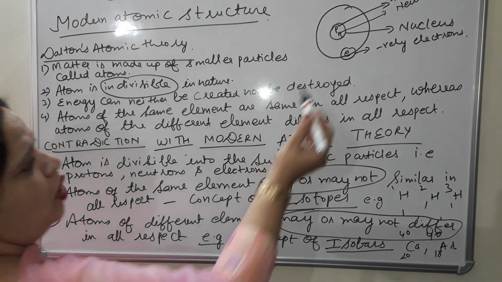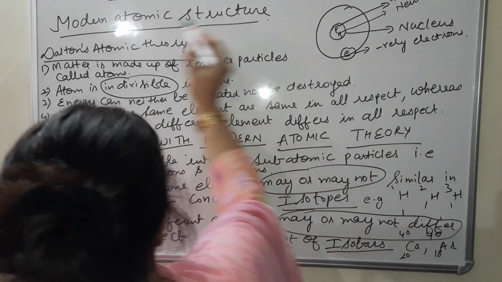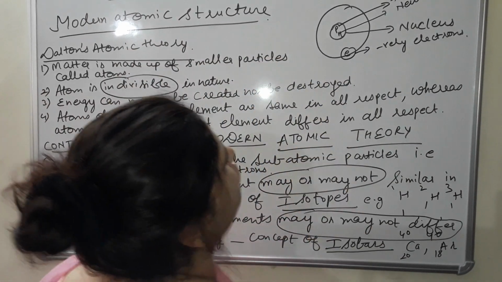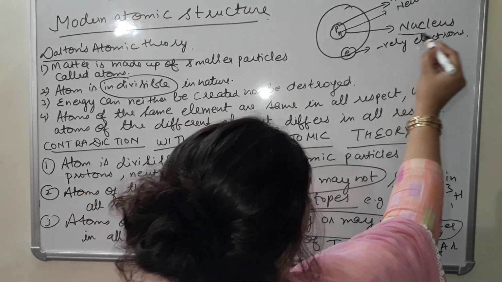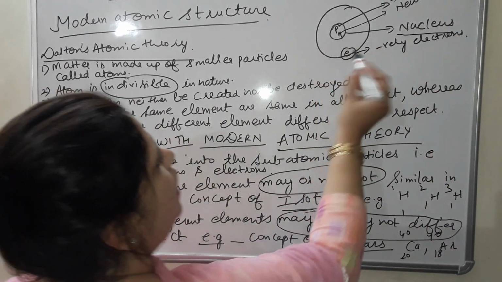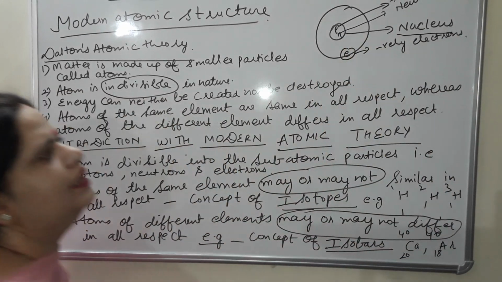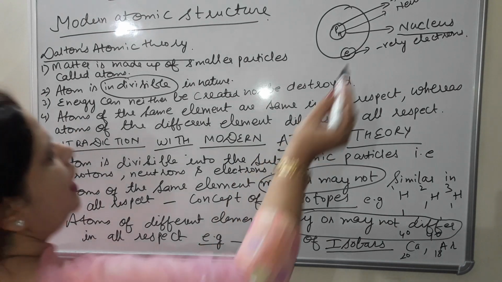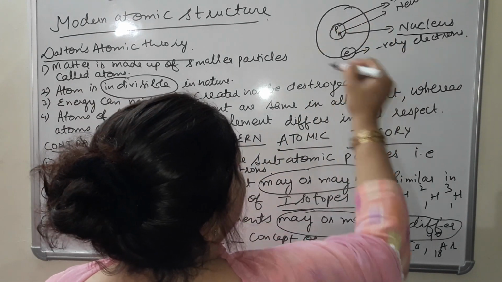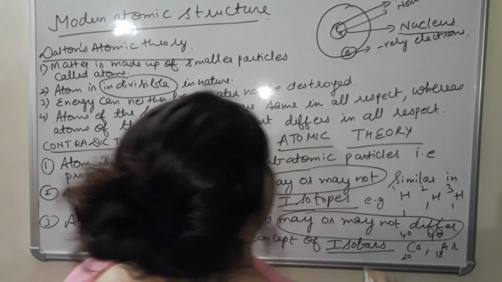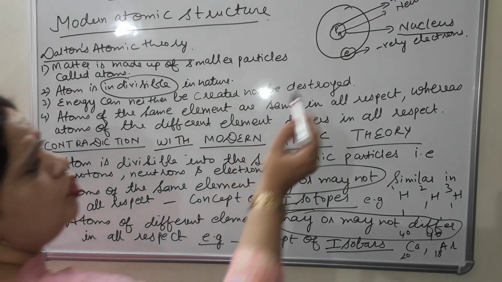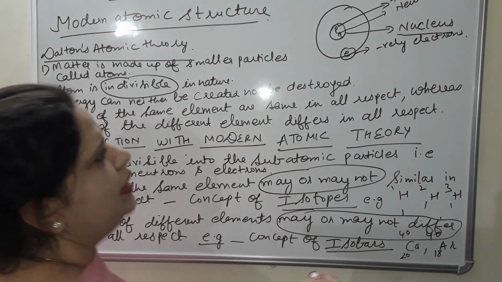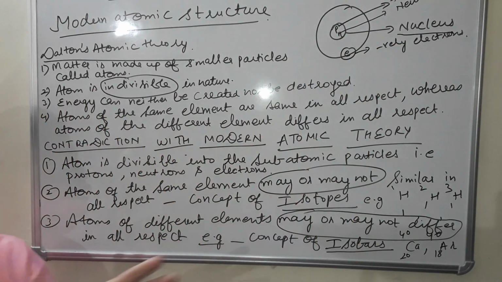Here I have drawn the diagram of the structure of the atom according to the modern atomic theory, in which the central part is occupied by the nucleus, and inside the nucleus protons and neutrons are there, and outside the nucleus there is a shell in which the negatively charged particle, that is electron, revolves. Now you can compare this whole structure with that of a house.